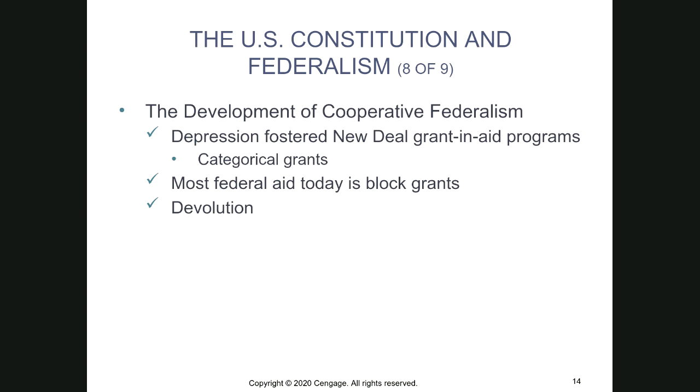So they're federal aid to state or local governments for specific purposes that are granted under restrictive conditions and often require matching funds from the receiving government. So with those categorical grants, the federal government is being very explicit in terms of telling the states exactly how they have to spend that money.